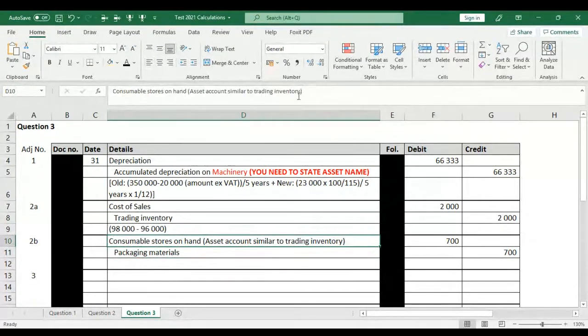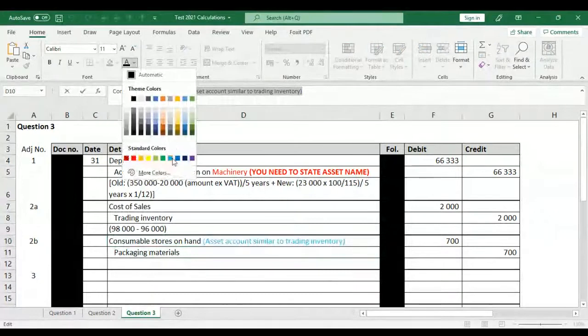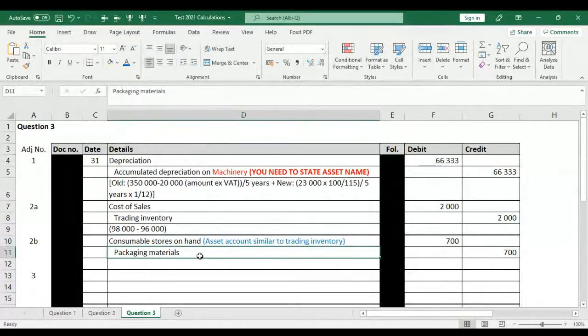Okay, so then we create this account, consumables on hand, to reflect the inventory for your packaging materials, which was also 700 Rand. Okay, now a lot of students did not take this to consumables on hand. They took it to trading inventory, which was incorrect because it's different types of assets. So your trading inventory is your normal inventory that you sell, whereas consumables stores on hand is something that we use within our business as opposed to selling it.